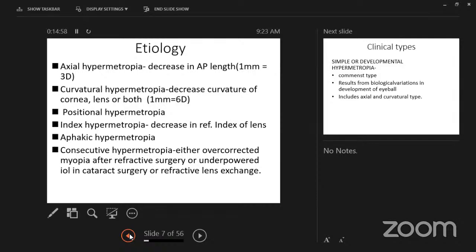Refractive index is the angle of incidence divided by the angle of refraction. So what does it depend on? Density of the medium.